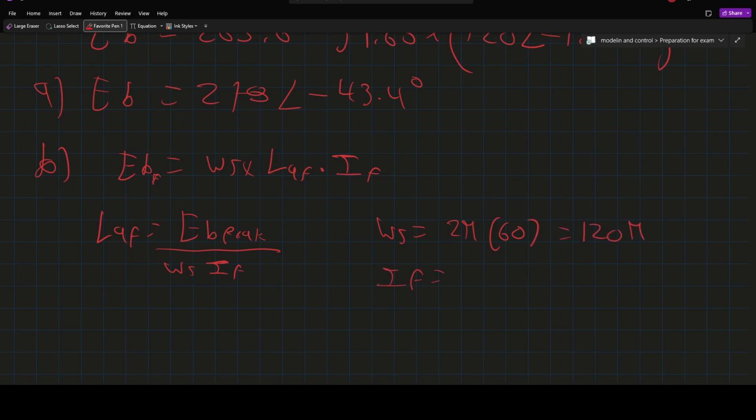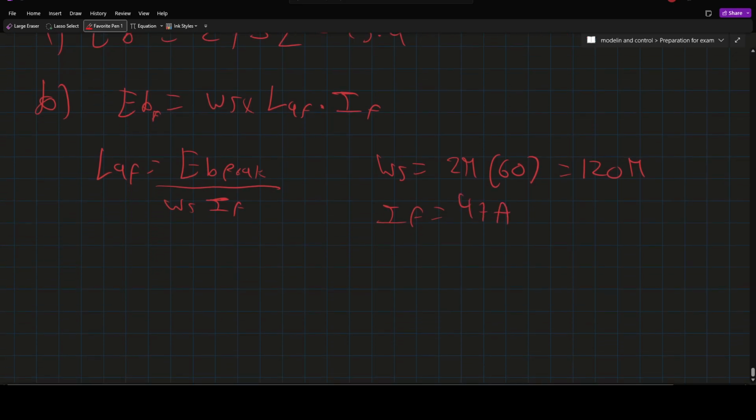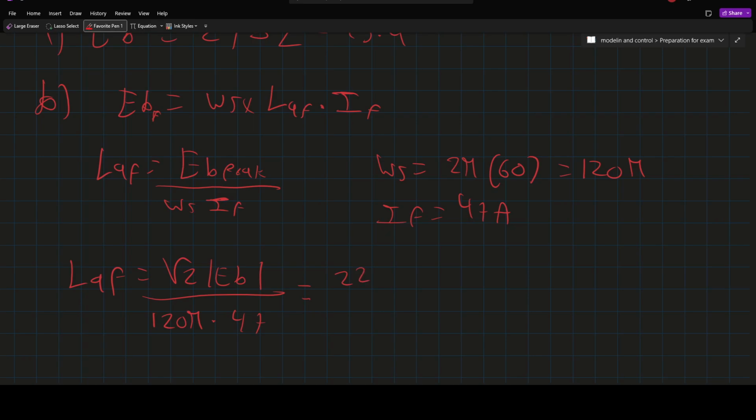We know that our IF is 47 amps. Because we have this in RMS, we multiply the magnitude of EV by square root 2. We divide by our 120 pi and by our field current. This gives us 22.2 millihenries. Okay.